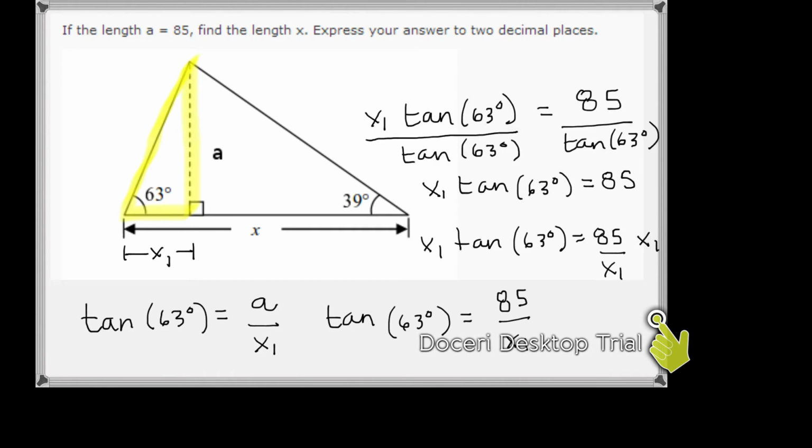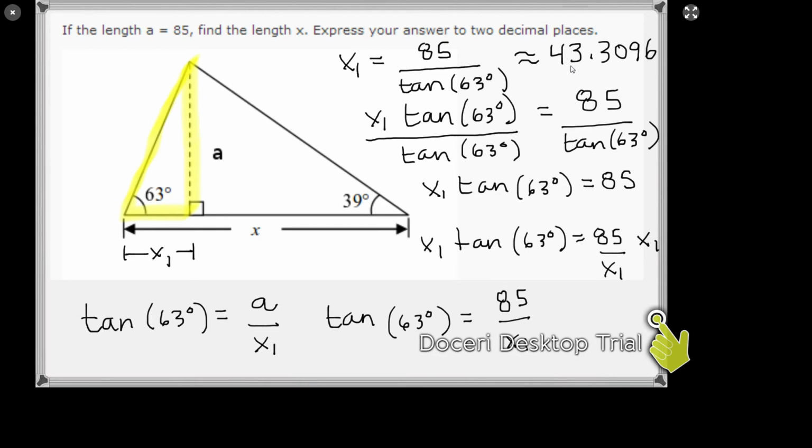These factors cancel out, and I get that x1 is 85 divided by tan of 63 degrees, which if you plug into your calculator, making sure that you're in degree mode, you get 43.3096 to 4 decimal places. So that's the length of this little piece right here.